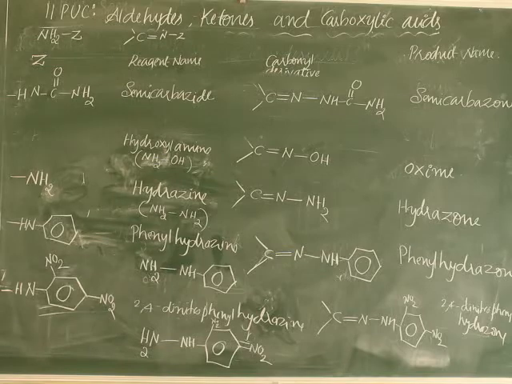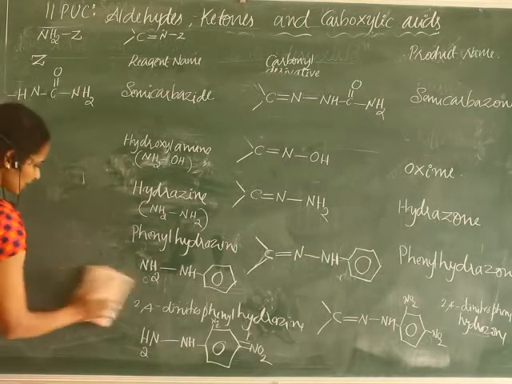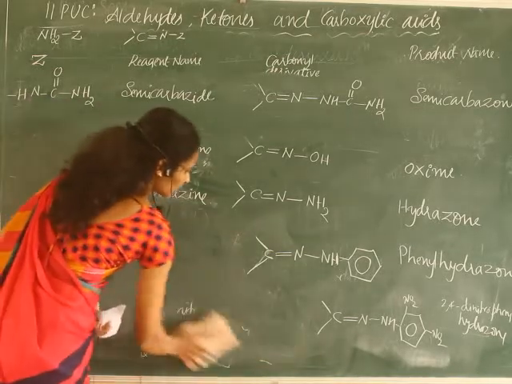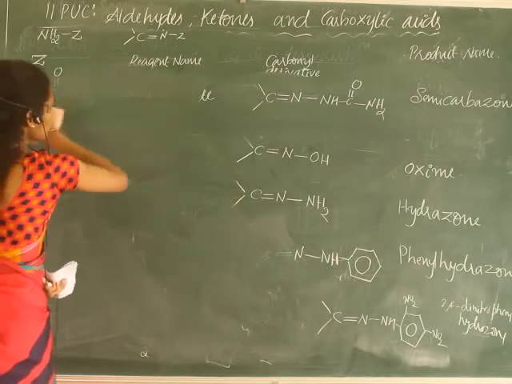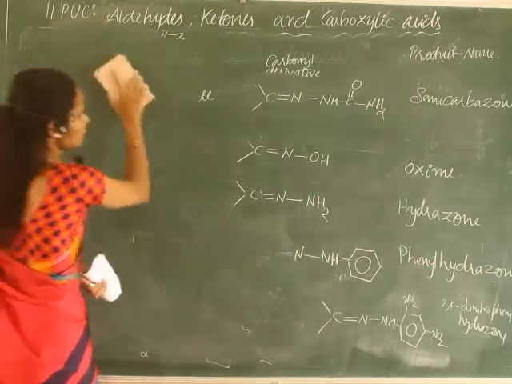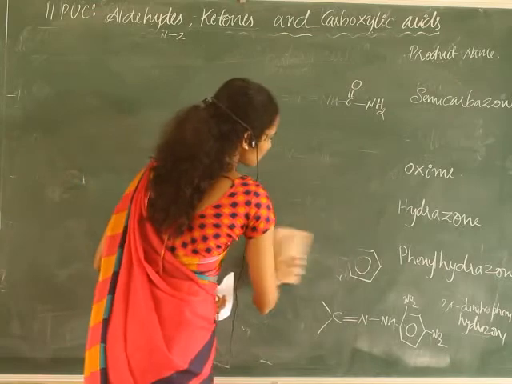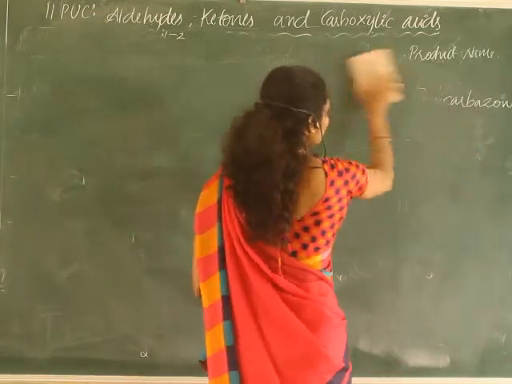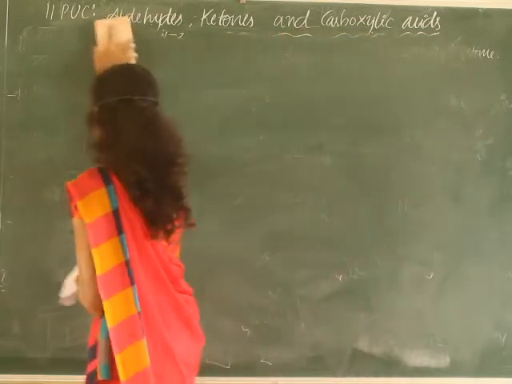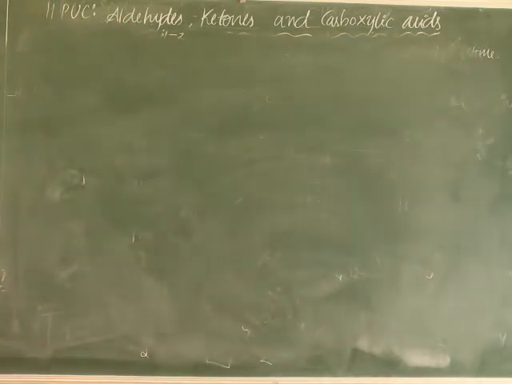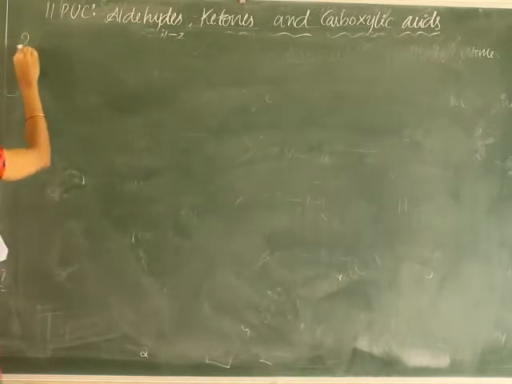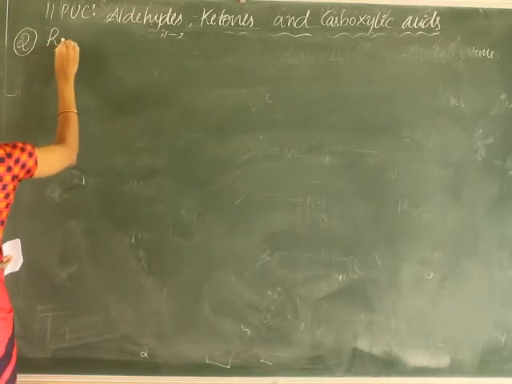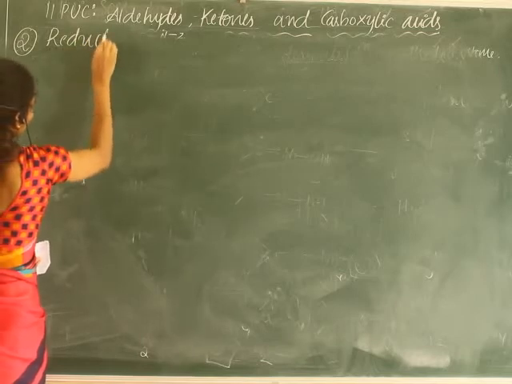First, what we have studied is nucleophilic addition reaction, right? In nucleophilic addition reaction, we studied addition of HCl, sodium hydrogen sulfite, next is addition of Grignard reagent, after that alcohols, and the last one is ammonia and its derivatives. And the second reaction is the reduction reaction of carbonyl compounds.